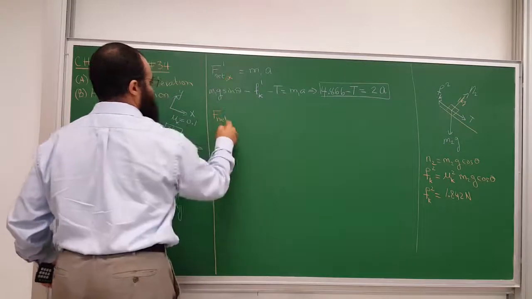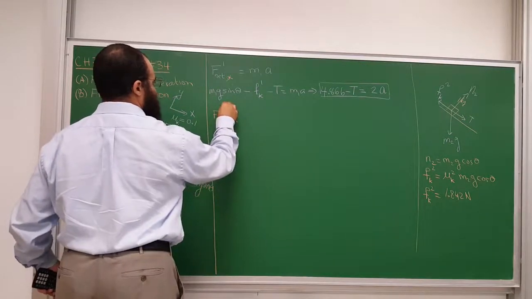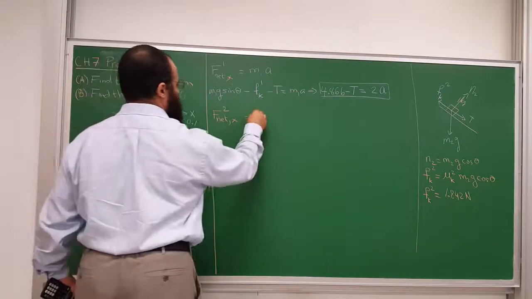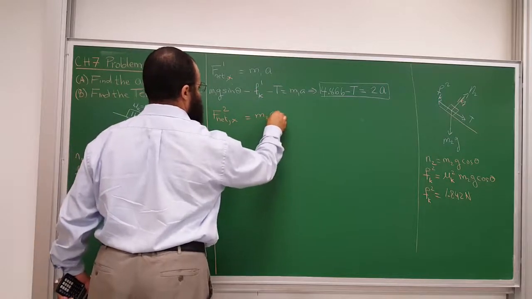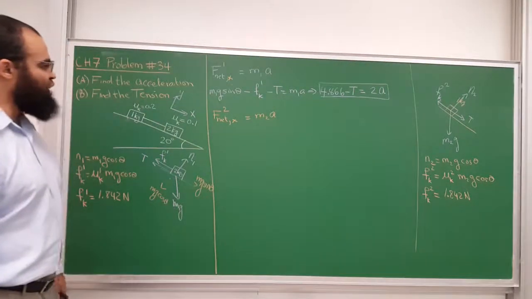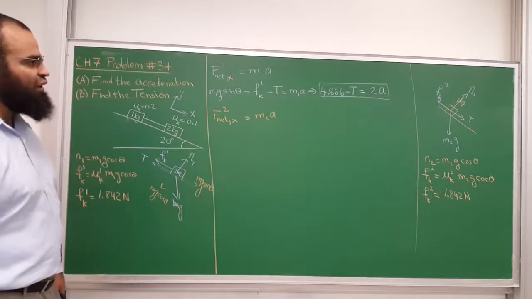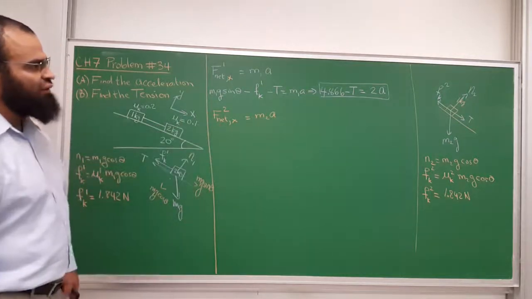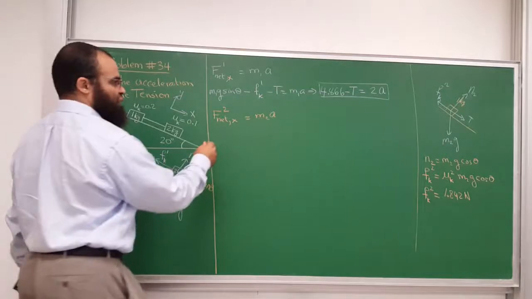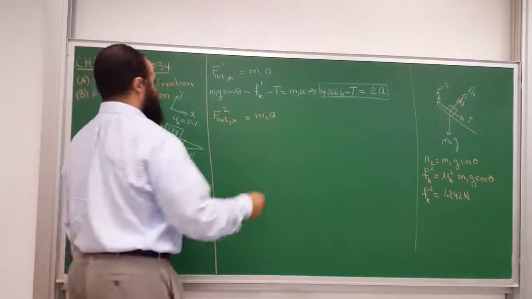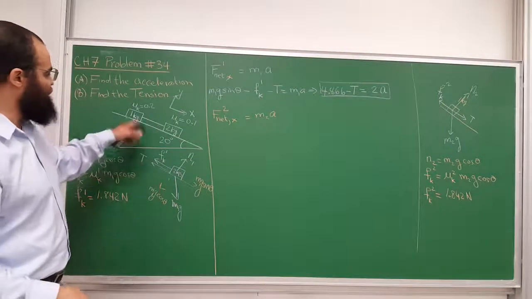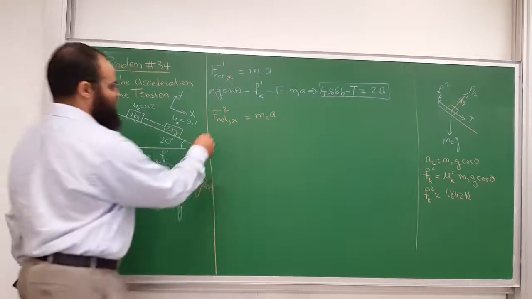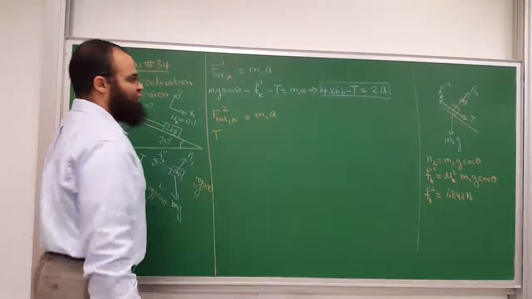So the net force in the x direction on mass 2 will equal mass 2 times the acceleration. What are the forces on mass 2 in the x direction? You've got the tension downward. Is that the positive direction? Yes, because we chose this to be the positive direction for both of them. So it's plus the tension. Okay, what else?